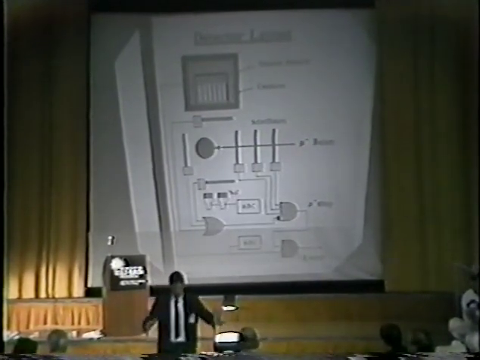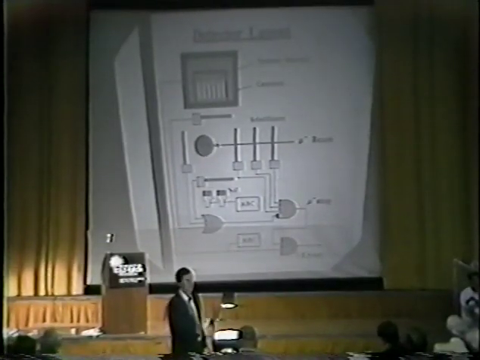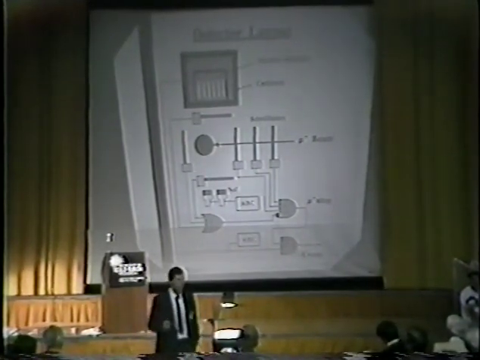Then that apparatus is put inside a 55-gallon barrel, which is then again wrapped with cadmium, and in between it's filled with polyethylene. The idea being that slow neutrons come from the outside, they hit the cadmium on the outside, and they're immediately absorbed. Cadmium has a very high cross-section for slow neutrons.